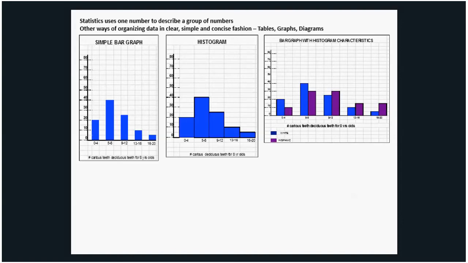We see the number of caries teeth in each of the groups as they fall 0 to 4, 5 to 8, 9 to 12, and so forth. We can look at white, and we can also compare Hispanic, to see what the similarities or differences are. Very easy to do that.